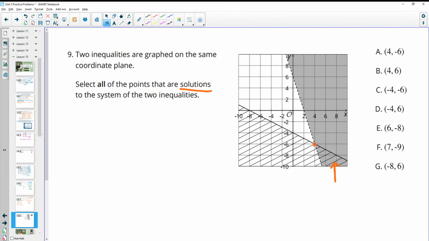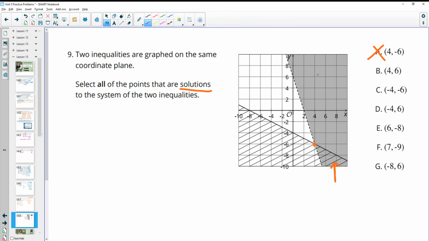Now this one is on the boundary. So this one is a solution to the solid line, but it's not a solution to the dotted line. So this one is not a solution. It has to be a solution to both graphs. This one is only a solution to the bottom one, not this top one.